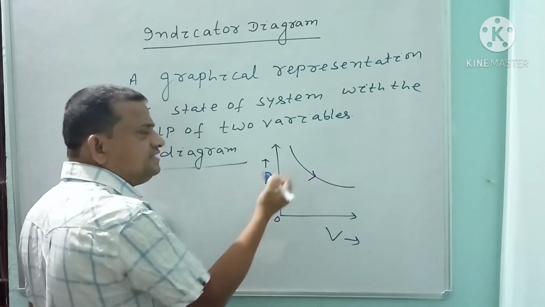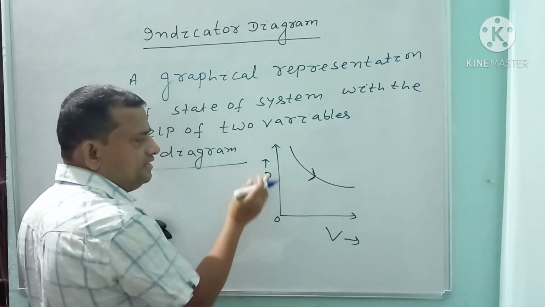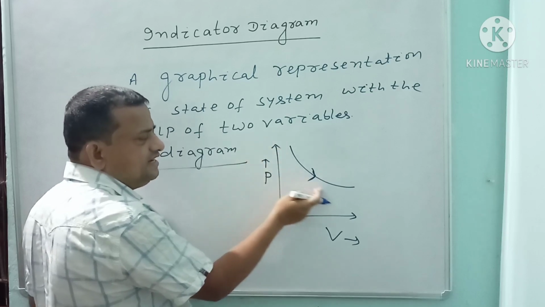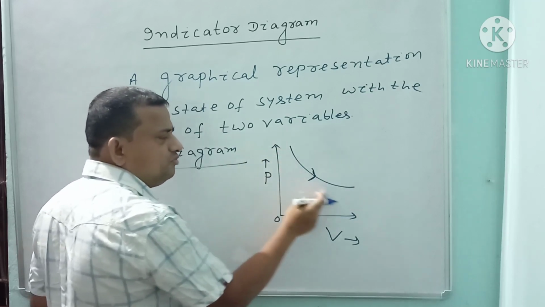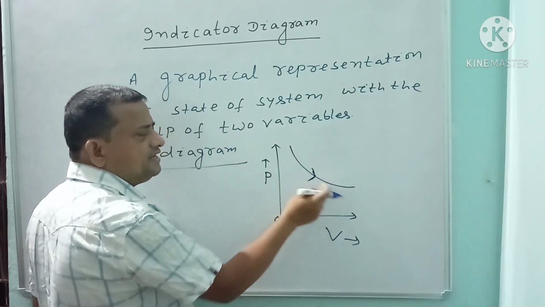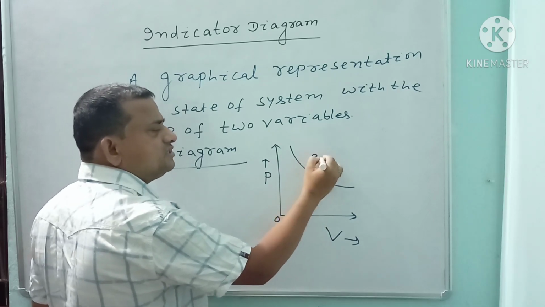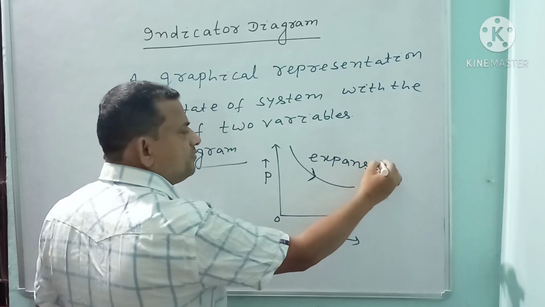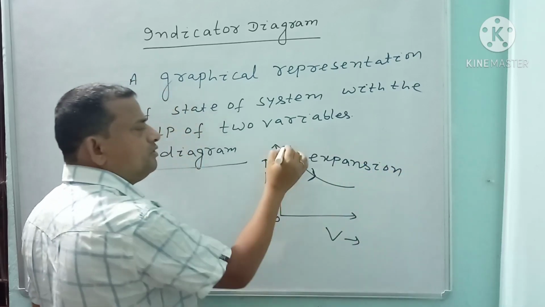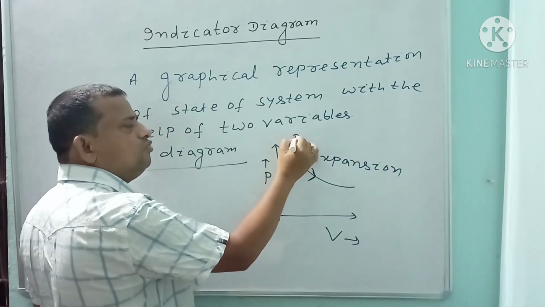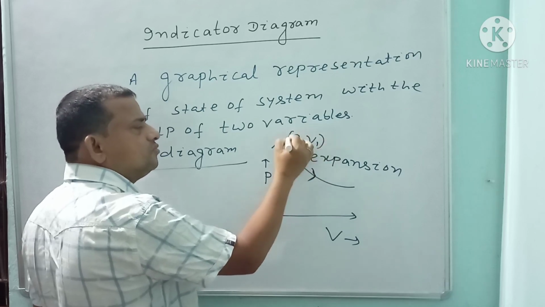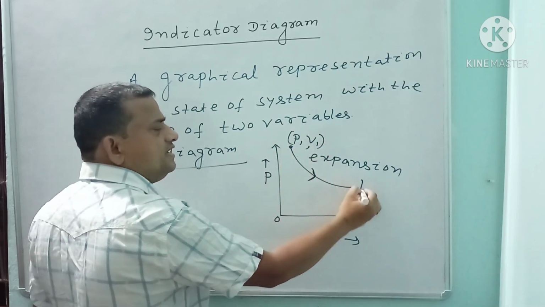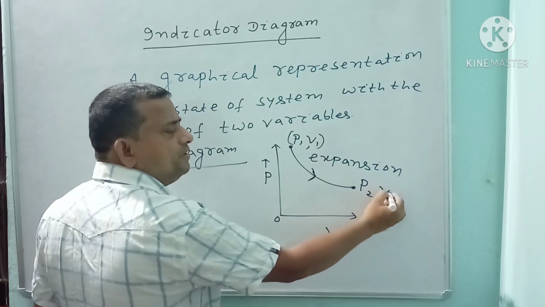If this is in this direction, you see volume is increasing. If the graph is moving, the volume increases, means expansion. Suppose this point is P1, V1. This point is P2, V2.